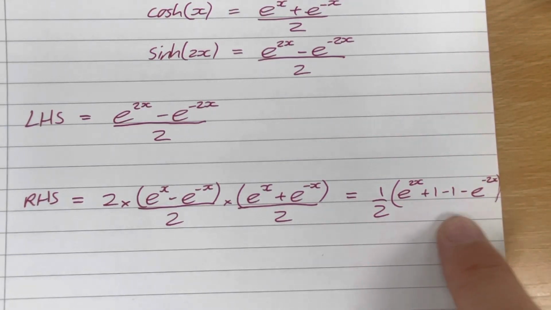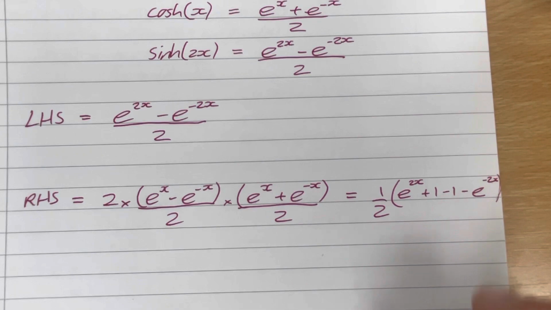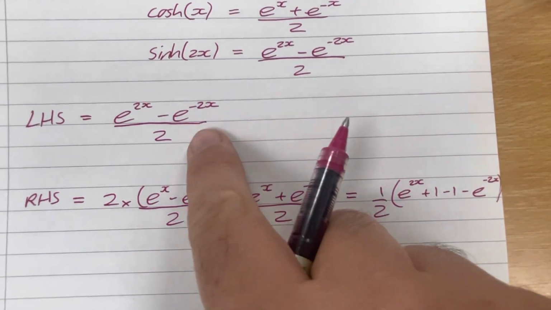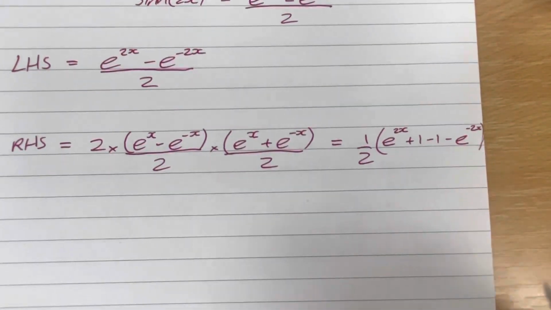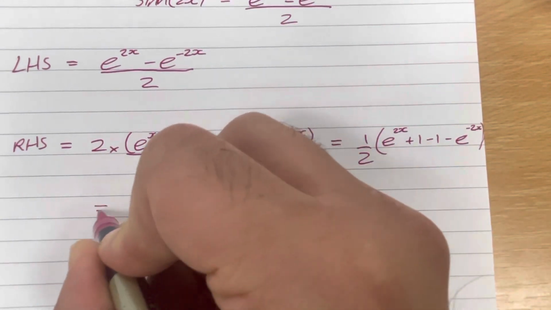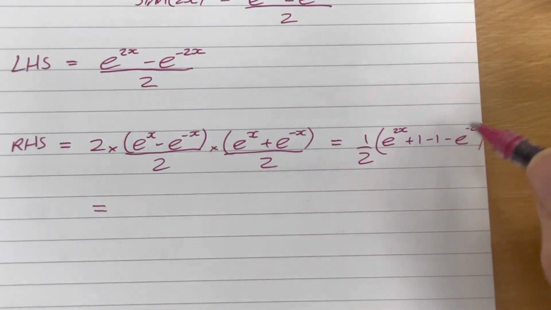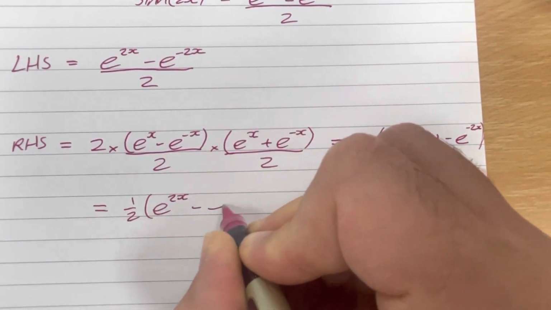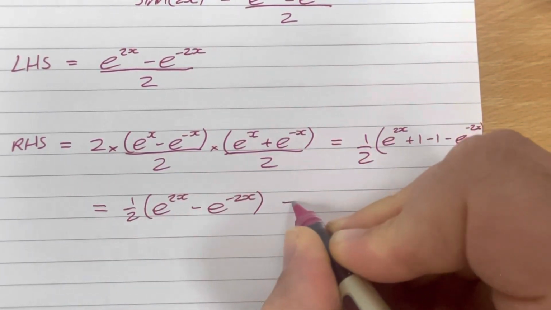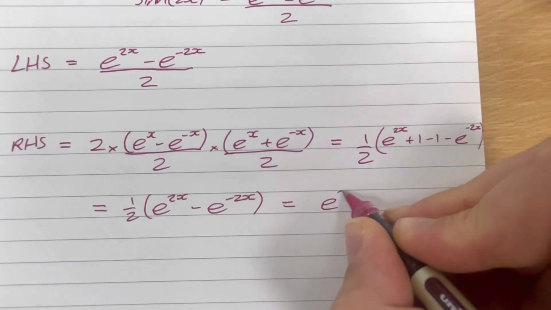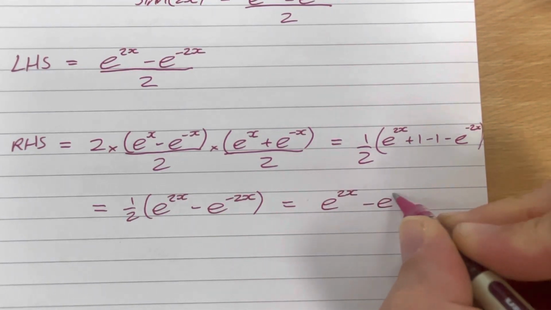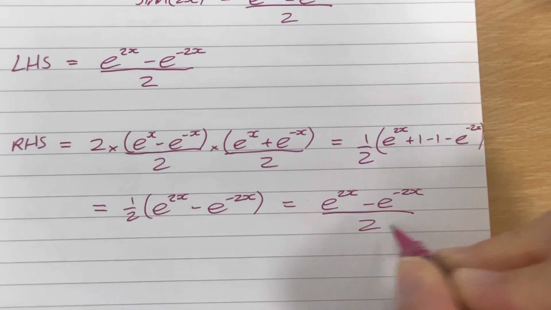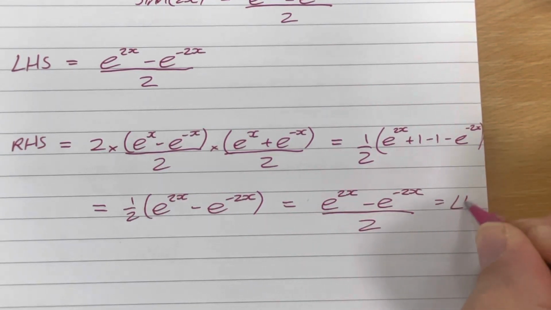So I'm just showing in a little bit extra detail how this gets to this, just to convince the examiner that I know what I'm doing. The ones cancel, so we're left with a half e to the 2x minus e to the minus 2x, which is, of course, the same as e to the 2x minus e to the minus 2x, all divided by 2, which equals the left-hand side.